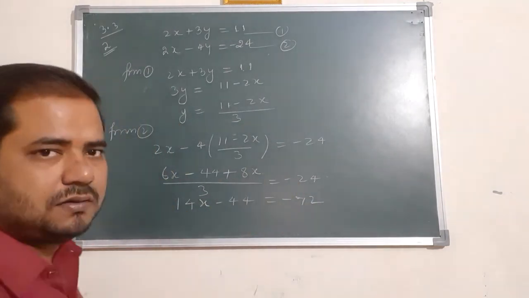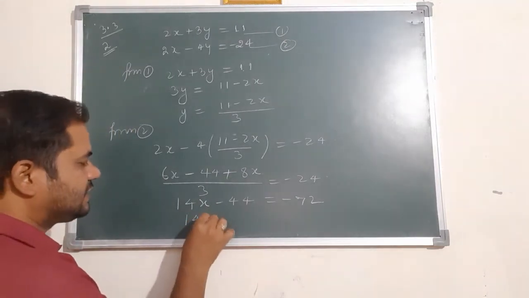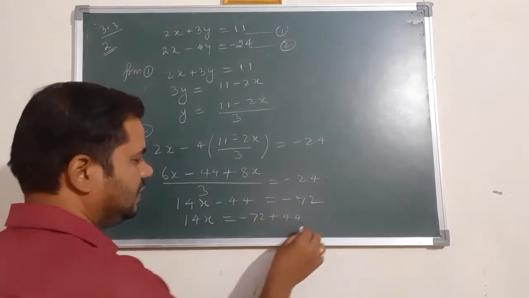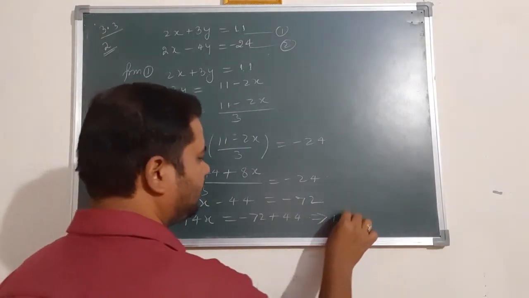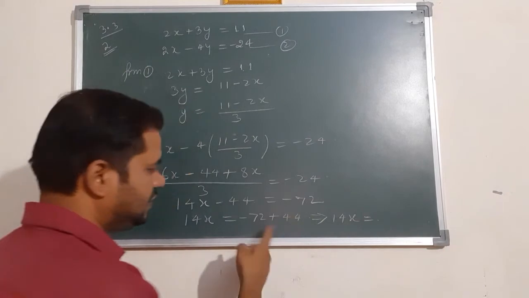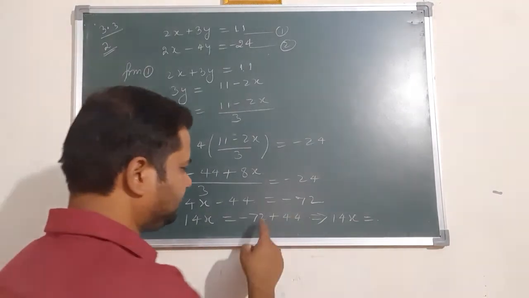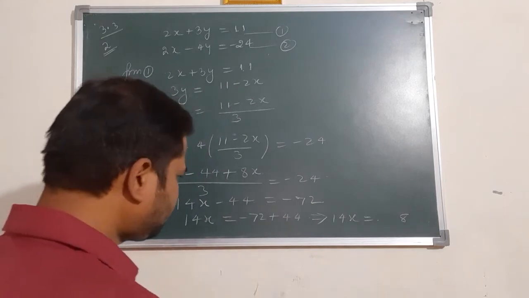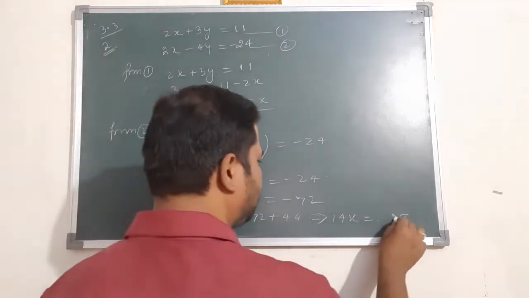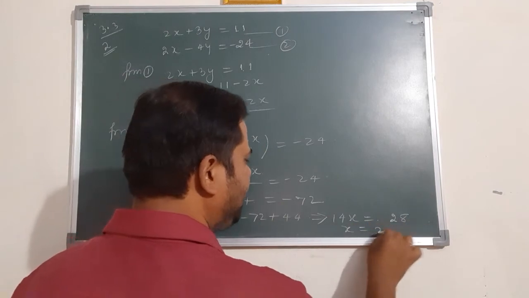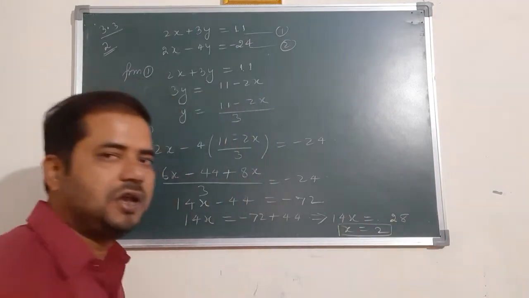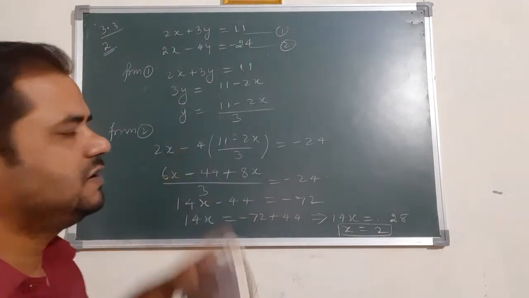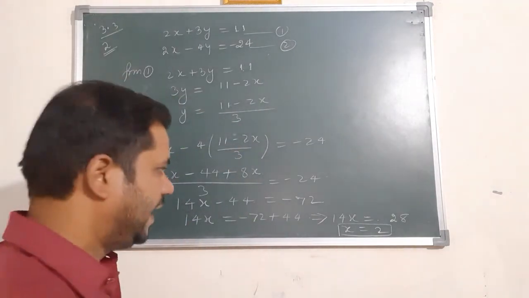So 14x is equal to minus 72 plus 44, and this implies 14x is equal to 28. So x will be 2. Put this value of x in this equation, and we will get the value of y.